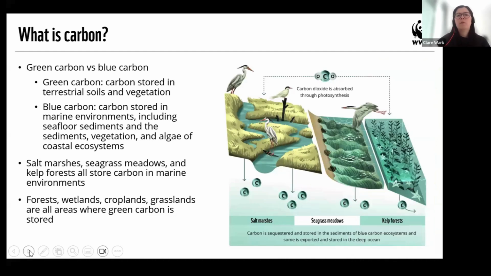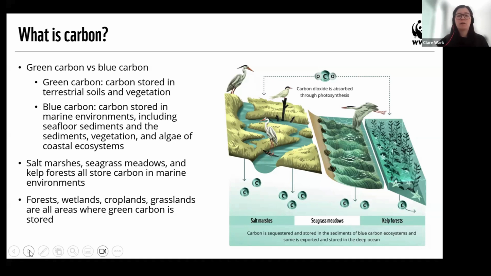Okay, so in workshop 1, we covered the differences between green and blue carbon. And we know that carbon can be found across all types of vegetation and sediments, and it's not just limited to terrestrial ecosystems. We know that green carbon commonly refers to terrestrial carbon stores, while blue carbon refers to carbon that's found in marine environments and coastal ecosystems.